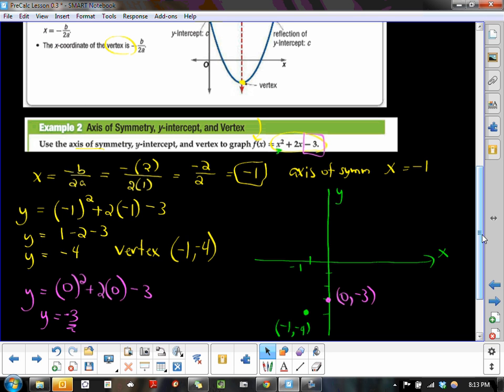One more feature on our graph we're going to put on is our axis of symmetry. The axis of symmetry was at x equals -1. That's a line that goes vertically through our vertex, through the x-axis at -1, which means there must be another point exactly the same distance away from the axis of symmetry, to the left of it, which is 1 unit away.